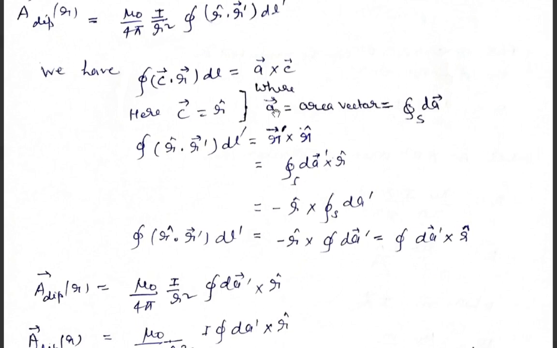Now if you substitute these two values in place of this quantity, what we can write? A dipole, magnetic vector potential due to a dipole, can be written as mu 0 upon 4 pi, I upon r square, in place of this, we can write surface integral dA prime vector cross product with r unit vector.